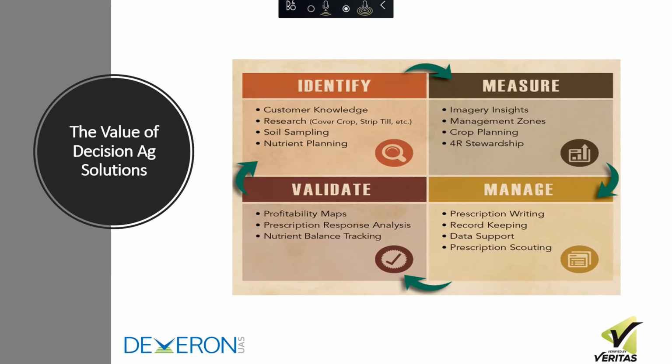The next step is to measure it using imagery, your scouting, or by creating management zones to measure those differences in your field. You then follow that up with managing. How do you manage that? Are you writing prescriptions? Are you using site-specific scouting, things like that?